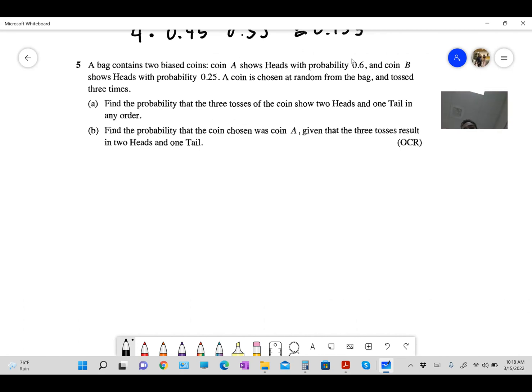So here's what you have to consider: there is the part of picking the coin between A and B. That's important because you have one set of probabilities that can occur with coin A and one that can occur for coin B. Once you figure that out, you figure out the probabilities for each.